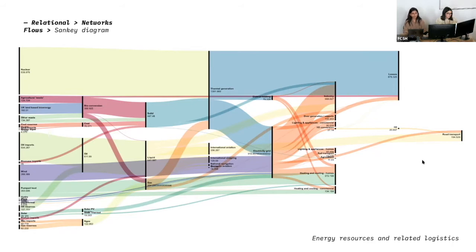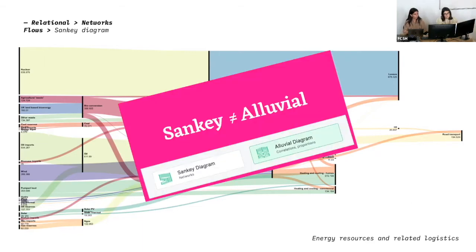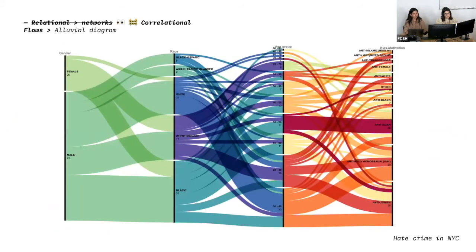On RawGraphs there are two, we could say, similar charts, but the truth is that they are not similar, because we could confuse the Sankey diagram, so this one, with the alluvial diagram, this one. It could seem very, very similar, but there are two main differences.